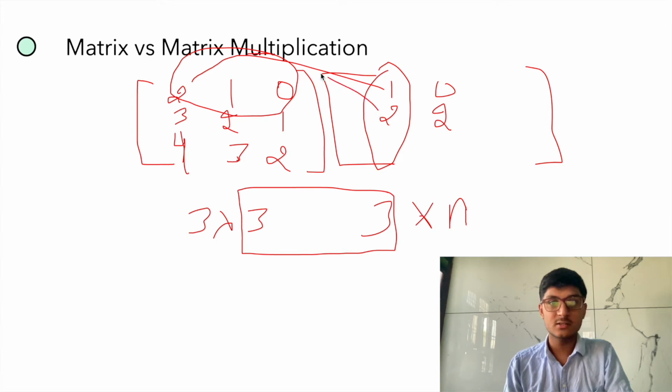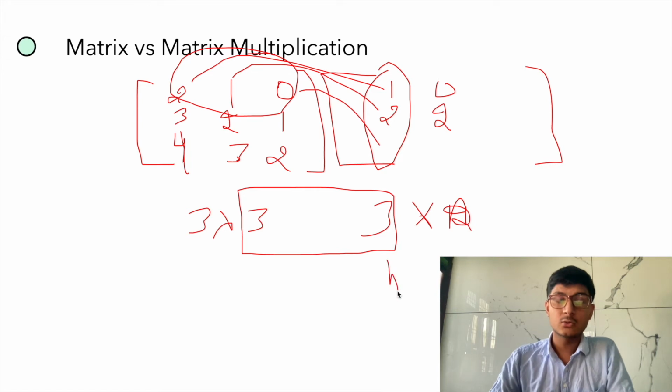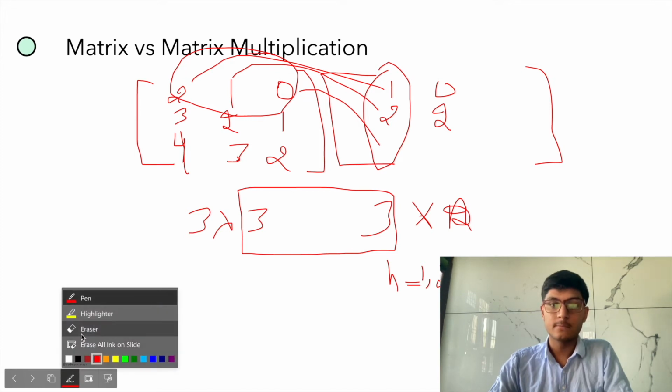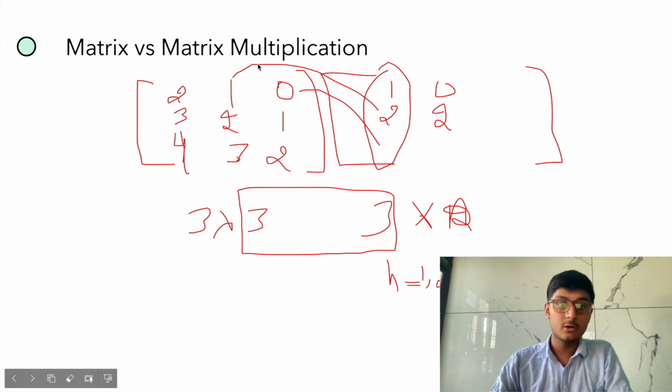That means the first element of this will be multiplied to the first element of this, then the second element with the second one, and the third with the third one. So this can be a 3 cross n matrix where n equals 2 or 3 or maybe 1. So this may vary. So that's the general rule.